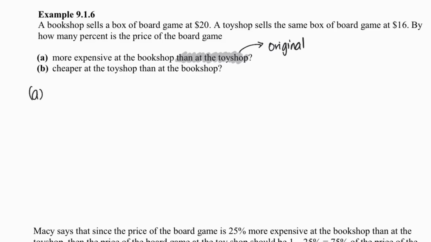And for part A then, first of all, the price difference is $20 minus this $16 to give me $4. And therefore I will need to know this is $4, not 4%.